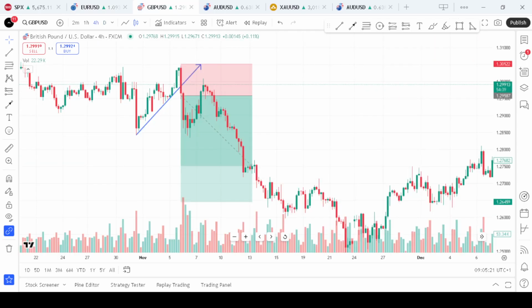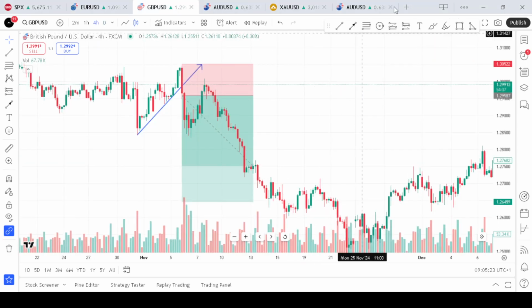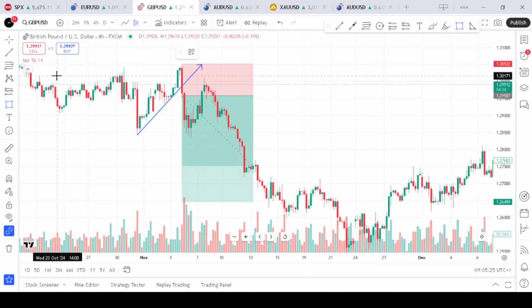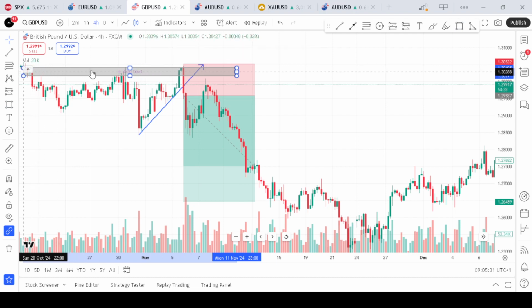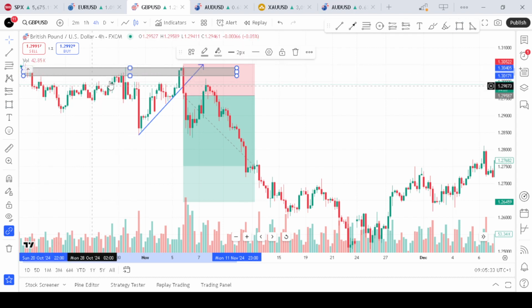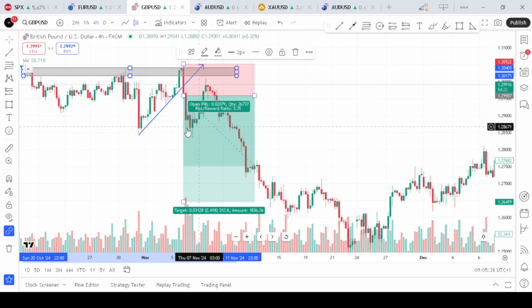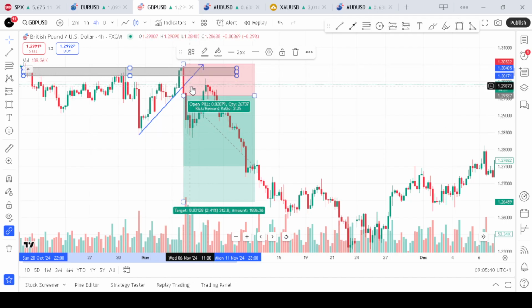As we can see, this is a resistance area. This is a place where price was finding it difficult to break, reacting from this area before price got to this area, formed the pattern and dropped to the downside. So support and resistance further strengthens the effectiveness of this pattern.